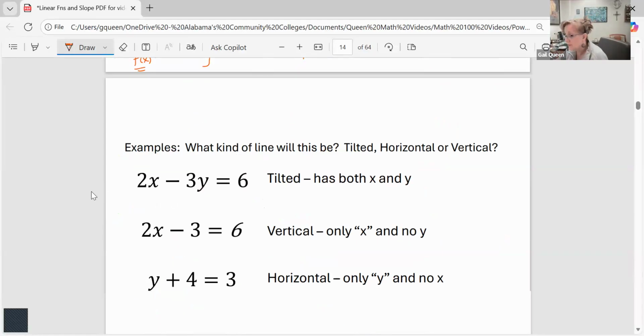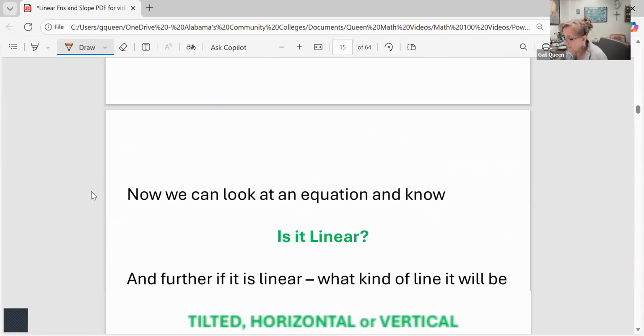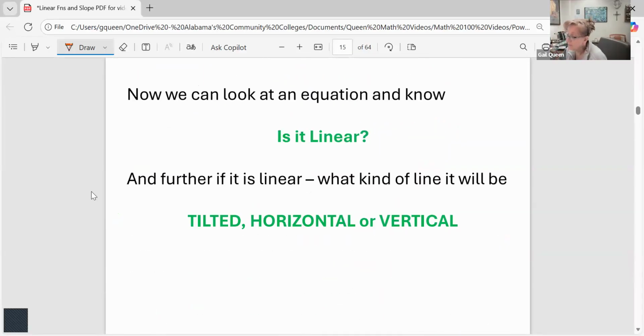All right, so here's what we know so far. Now I can look at the equation of a line and I can answer these questions. Is it linear or not? We look at the power of the variables. If every variable in the equation has a power of 1, we have a linear equation. That means it will graph out to be a line.